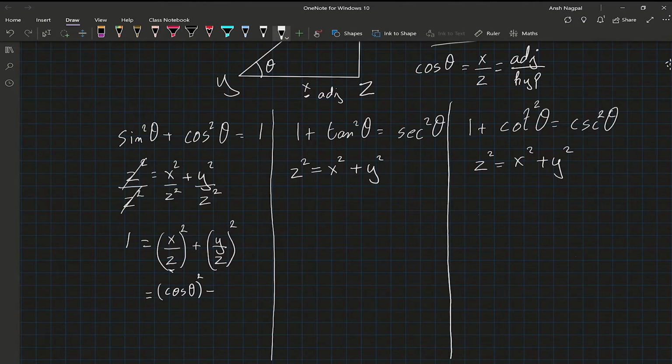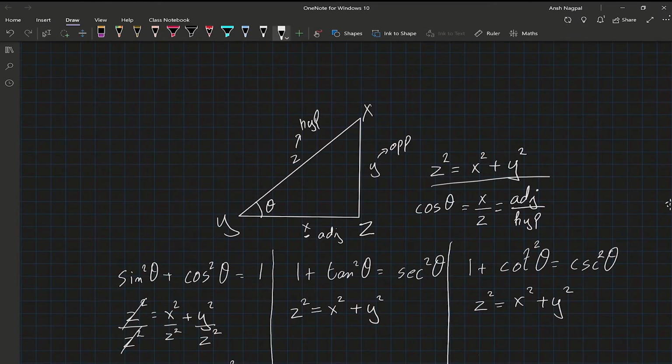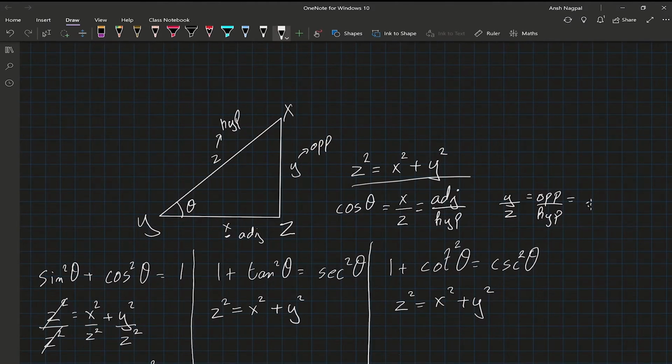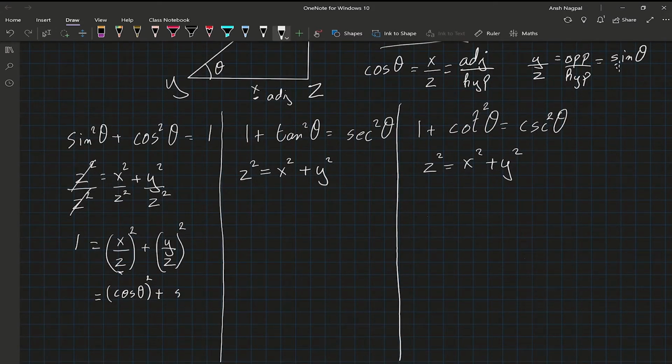And the square of this, plus y over z. What is y over z here? If we take a look closely, we can say that y over z is opposite over hypotenuse, right? And what is opposite over hypotenuse? Yeah, sine theta. So I can replace y over z with sine theta, sine theta whole square, equals 1.